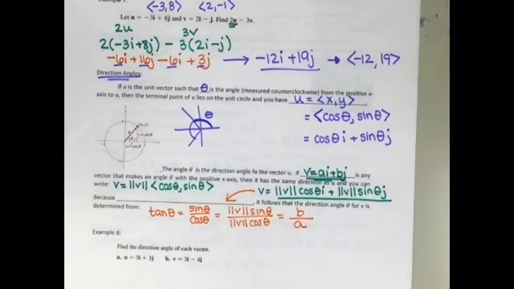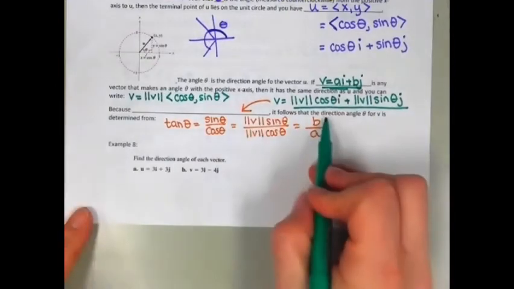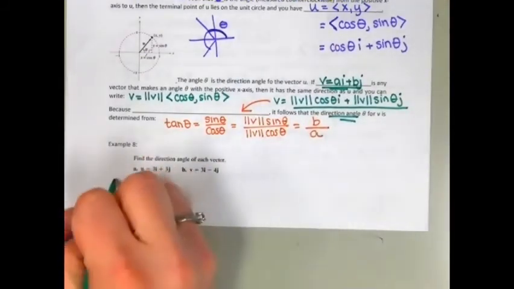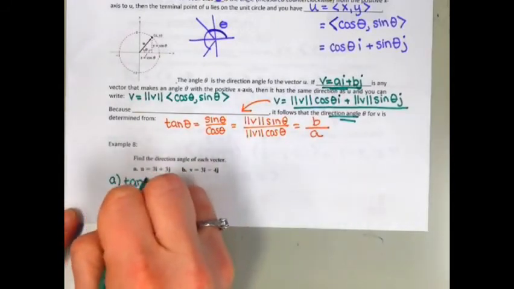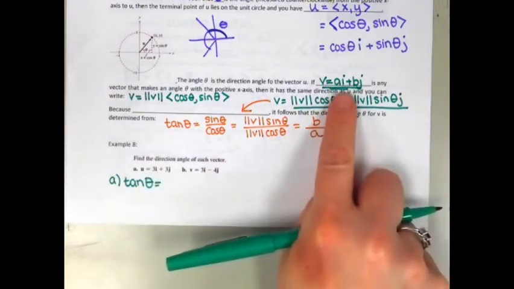All right. Find the direction angle of each vector. Direction angle. So we need to find what theta is, right? So the easiest one to be able to find the direction angle would be my tangent, right? So looking at A here, we're going to use the tangent of theta equals, and since we're in linear form, can't I just use a and b?